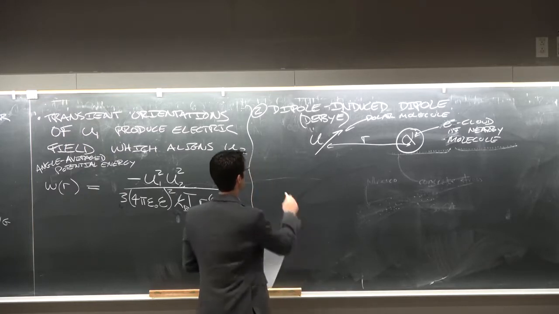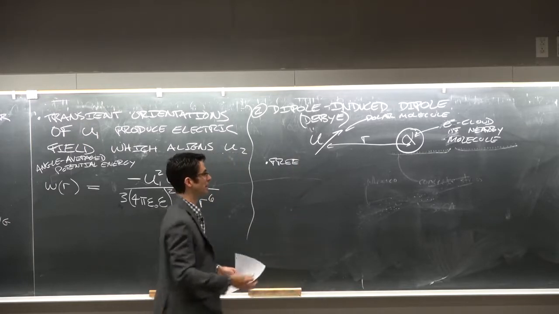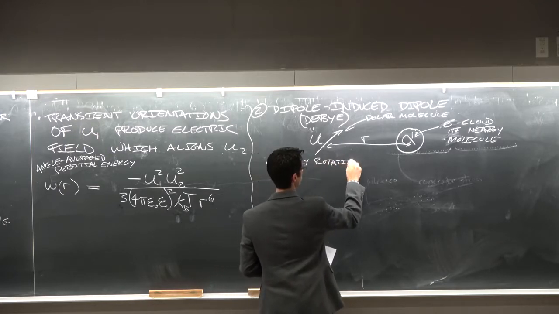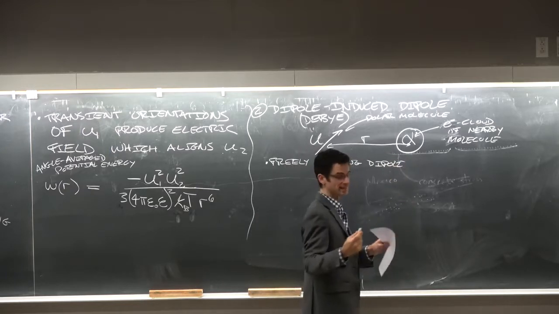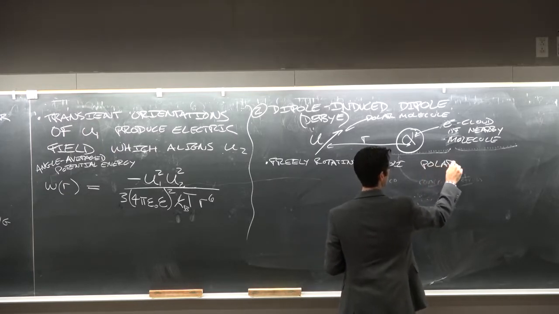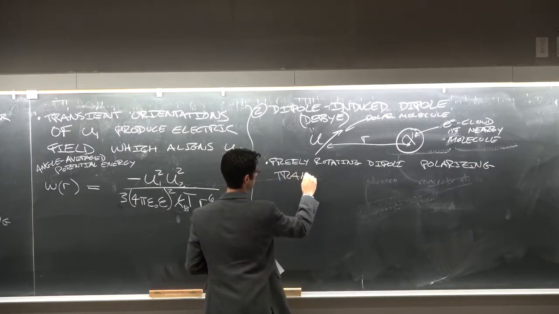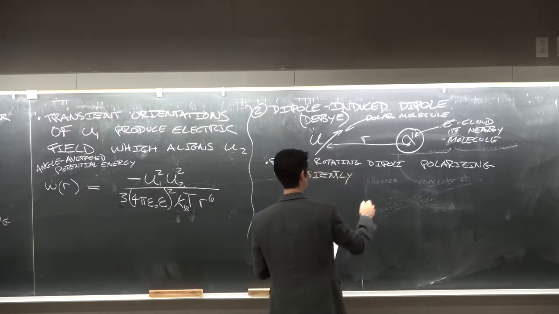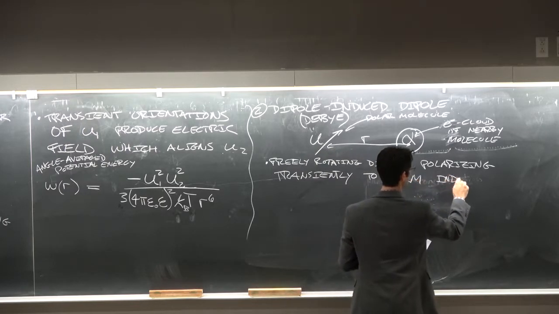So this is a freely rotating dipole interacting with the electron cloud of a nearby molecule. Freely rotating dipole polarizing the electron cloud of a nearby molecule, polarizing transiently, to form an induced dipole.